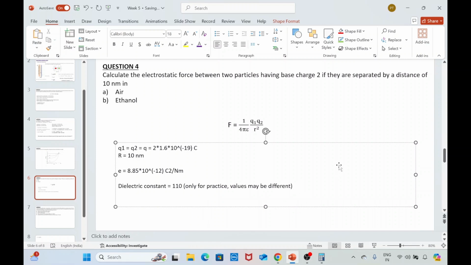Can anybody recollect how the dielectric constant and the dielectric permittivity of the medium relate to each other? We discussed it just an hour ago.